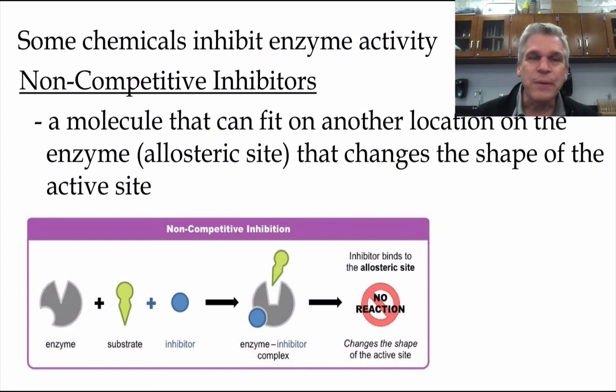There can be other spots on the enzyme that certain molecules can attach to. We refer to that as the allosteric site. And when the inhibitor attaches to the allosteric site, the shape of the active site changes, and so now it can't react with the actual substrate. Many types of drugs act as either competitive or non-competitive inhibitors, which then makes us feel better.